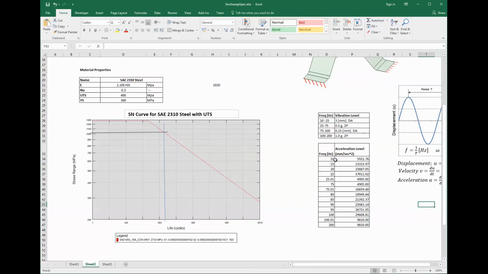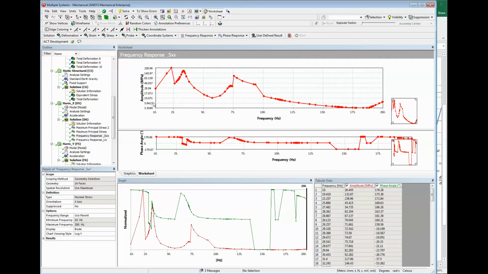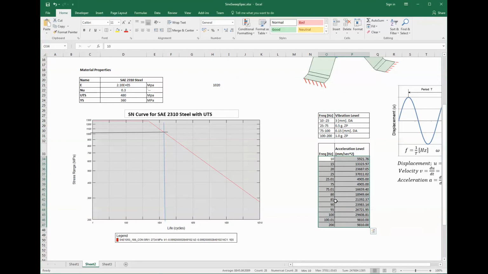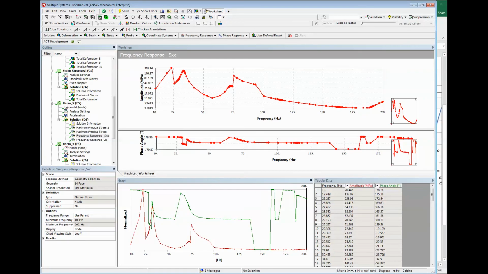Then whatever sweep table that we feed in nCode is used to scale this FRF, frequency versus stress curve, as per this table. So when we have applied a unit acceleration, that's the right way.